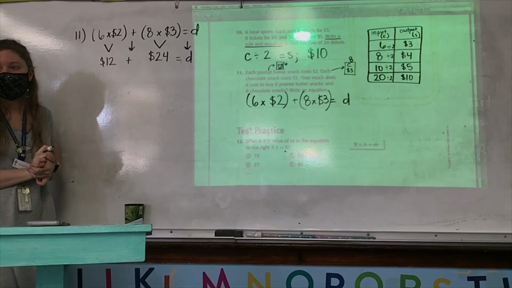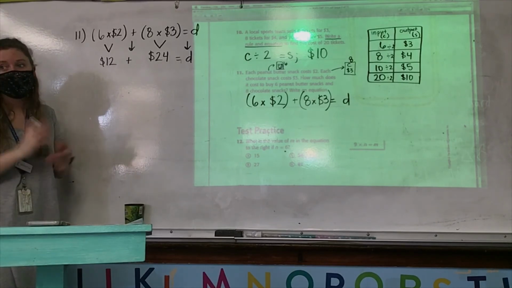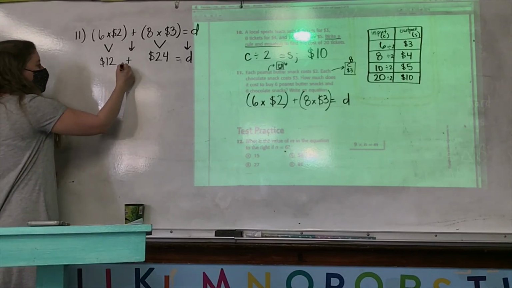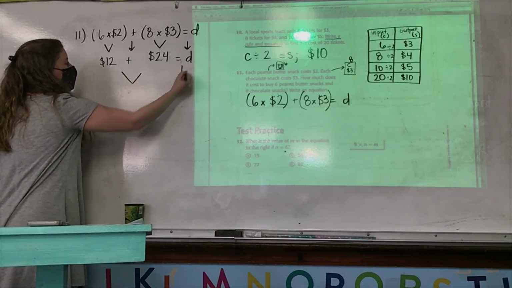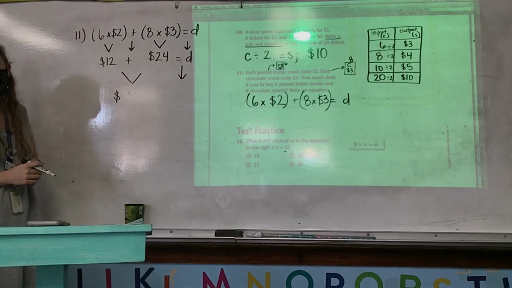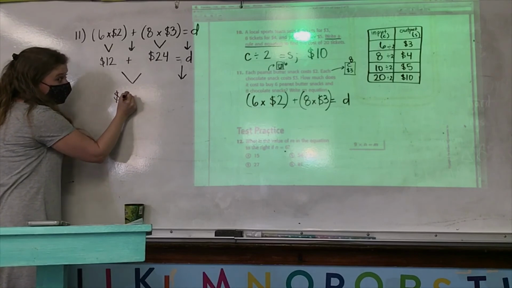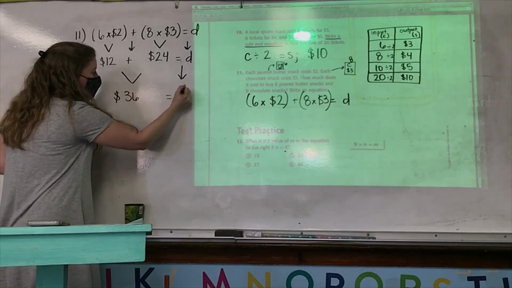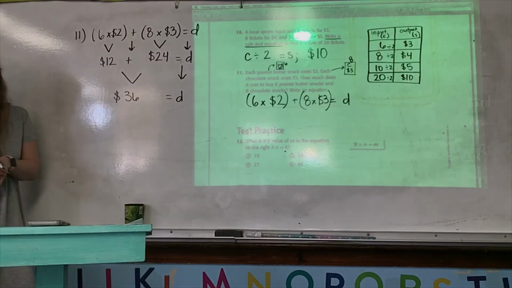Do I have multiplying or dividing to do? No. So I move on to step 3. Do I have adding or subtracting to do? Yes. $12 plus $24 is $36. Do I have anything else to do?